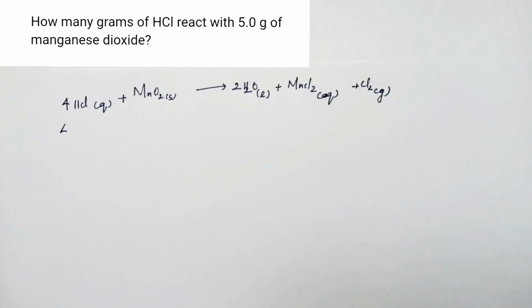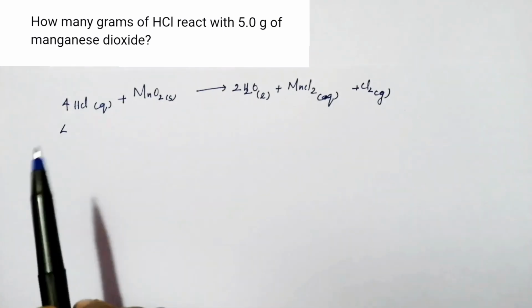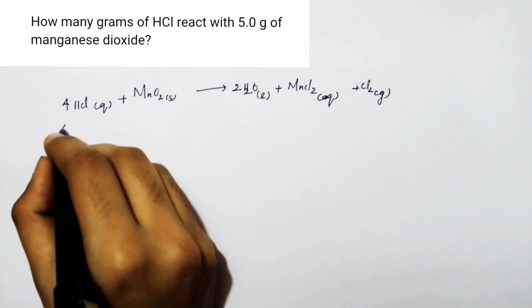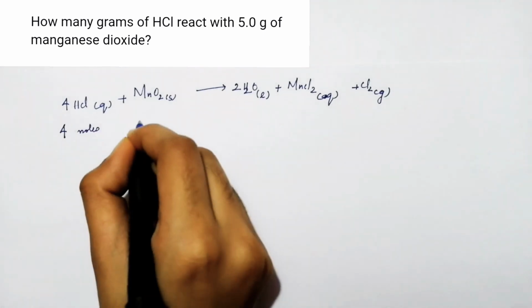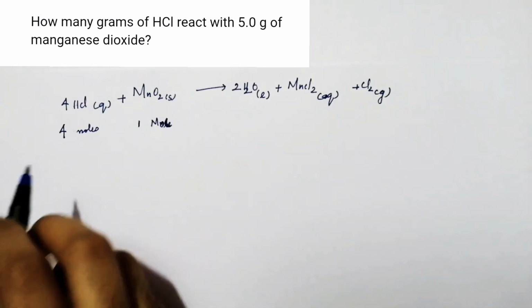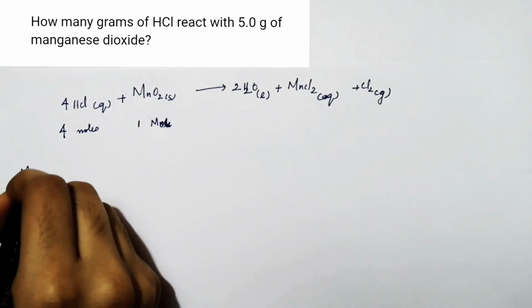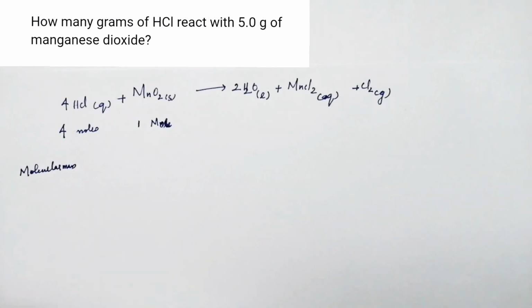To answer this question, let us look into the balanced chemical equation. From this balanced chemical equation, we can say that 4 moles of HCl is reacting with 1 mole of manganese dioxide. Now let us calculate the molecular mass of both HCl and manganese dioxide.